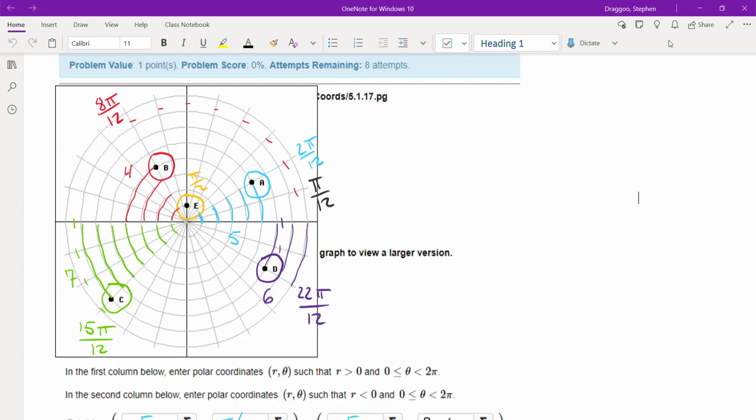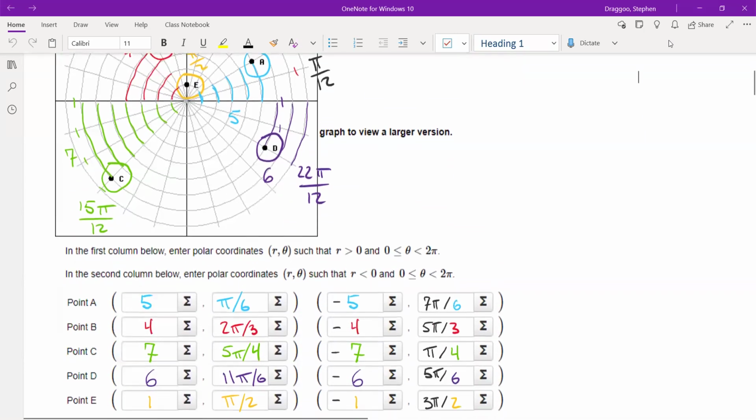That simplifies to 2 pi over 3. And then count the circles out from the origin to get to point B, which is at a distance of 4. So I've got it listed down right here: (4, 2 pi over 3).